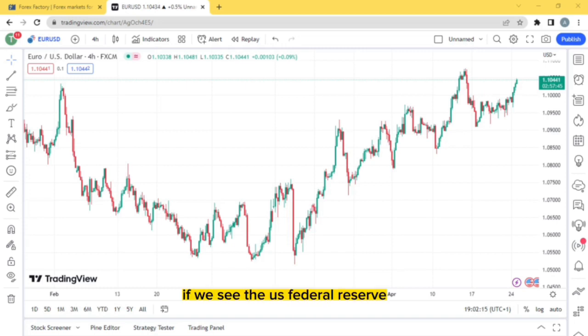Similarly, if we see the US Federal Reserve cut interest rates or take actions that would help the US dollar, you would see lots of momentum in the US dollar's direction in this currency pair. So one way of trading the EURUSD can be checking out fundamental data, and you can check your fundamental data using Forex Factory.